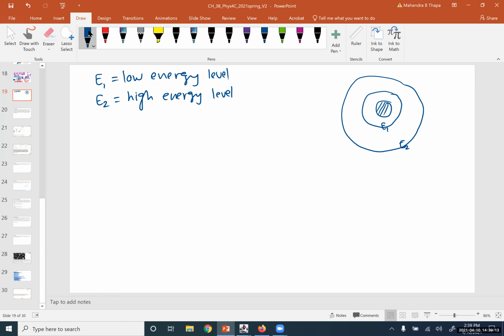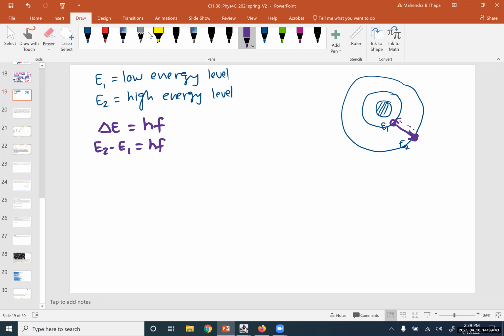If an electron jumps from the low energy level to the high energy level, we need energy. When it goes back, it actually releases the energy. So we can write the change in energy between two orbits is equal to hf. Basically this change in energy is E2 minus E1, equal to hf.